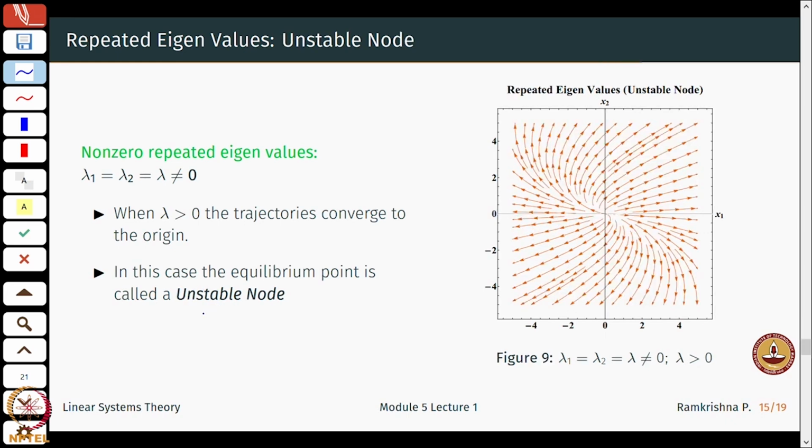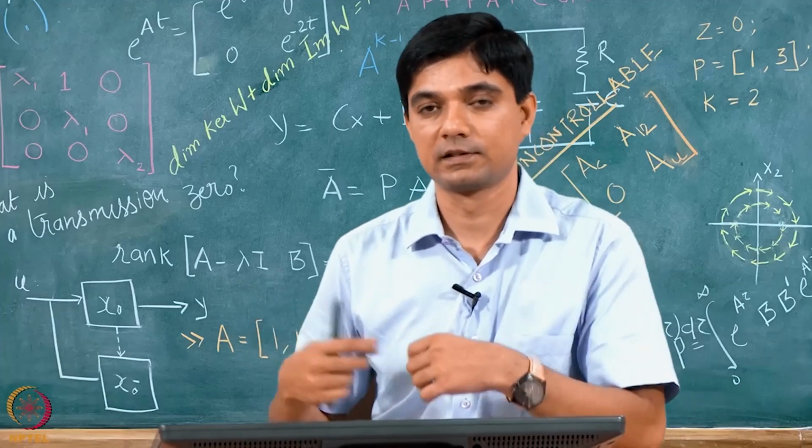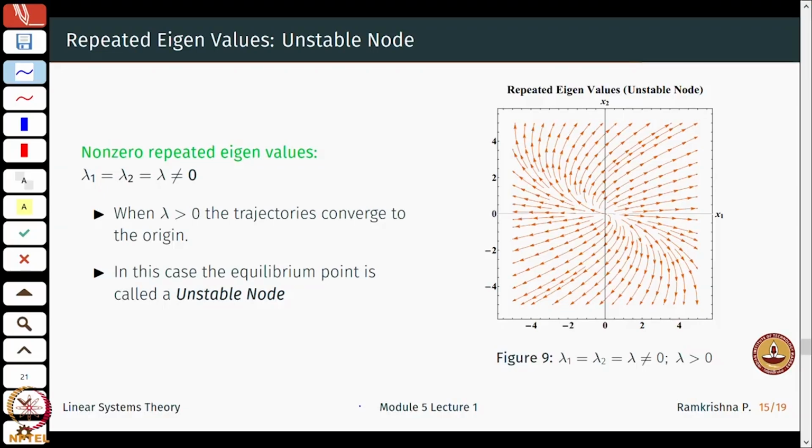What happens when it is an unstable node? The plots will be similar, just with the direction of the arrows reversed. If I am looking at, say, an eigenvalue of +1, the system will naturally be unstable, and this equilibrium I will call an unstable node.